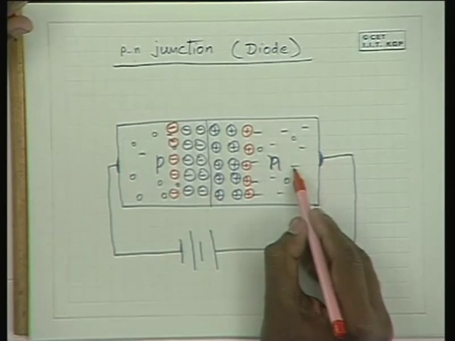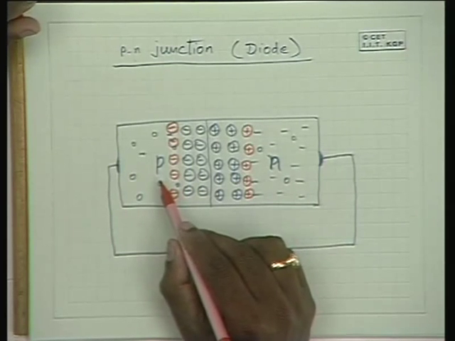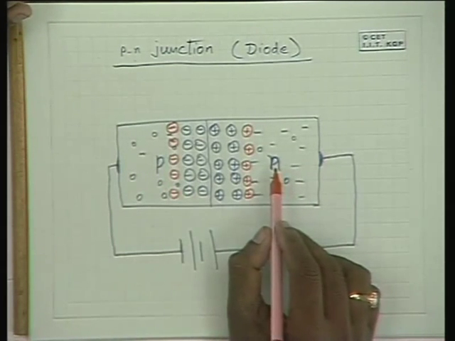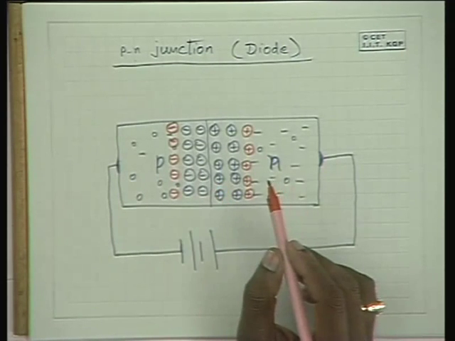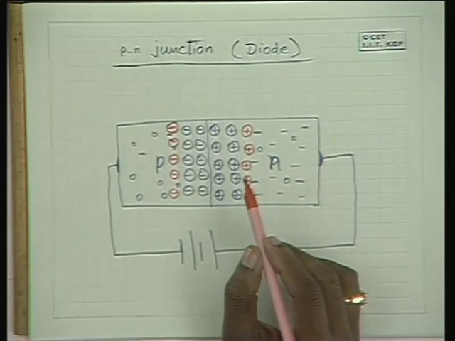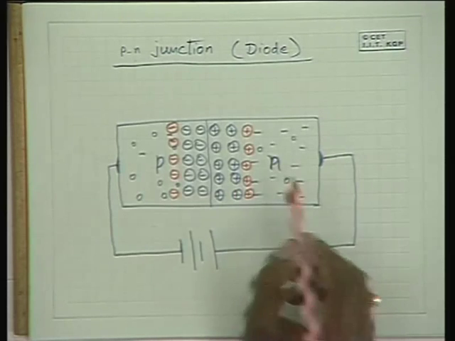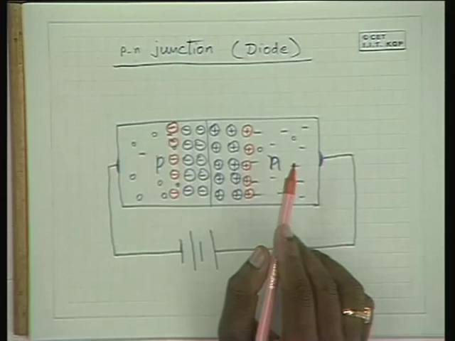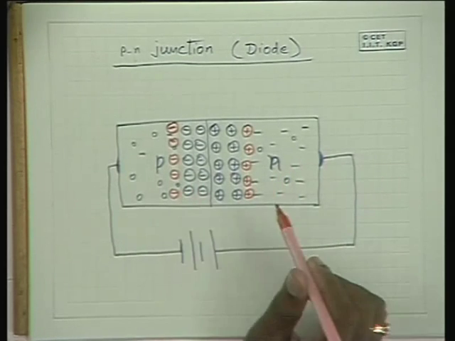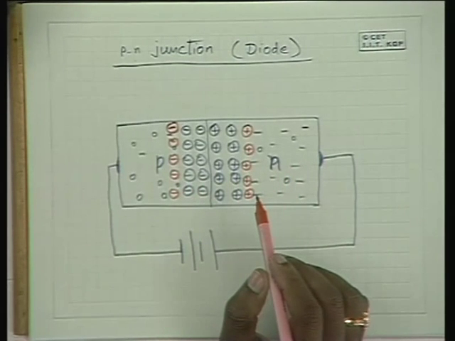That means for electrons to diffuse into the p side and holes to diffuse into the n side, this acts like a barrier, an opposing force. Because of that, no diffusion takes place, and as a result no appreciable current conducts.